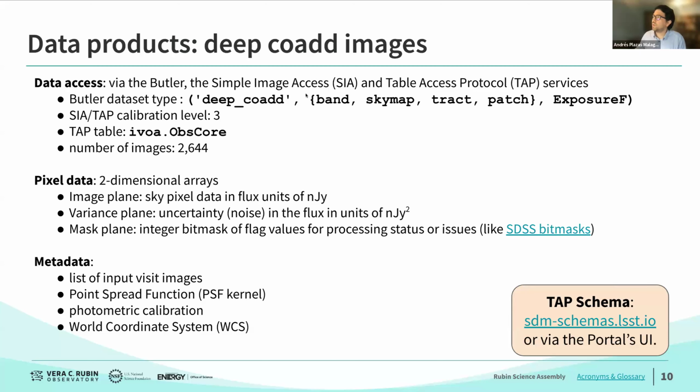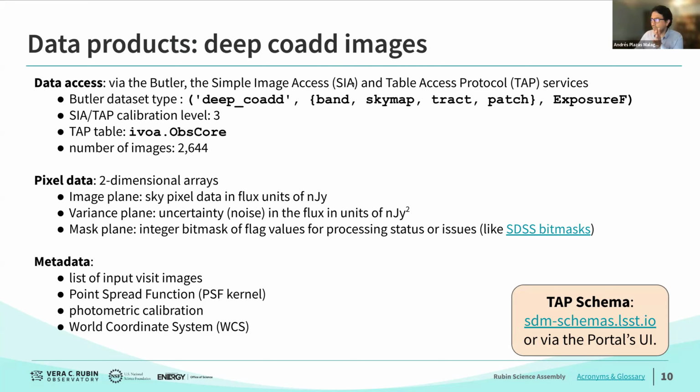For the Butler, for example, the official name of the data product is deep coadd, and then you need to give it a minimum set of dimensions in order to identify that dataset. In this case, these dimensions are the band, the sky map, as I was mentioning before, the tract, and the patch.